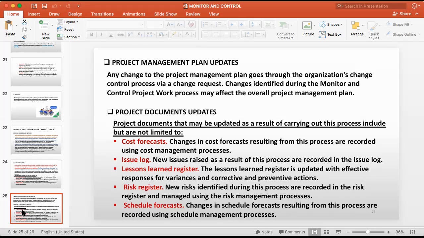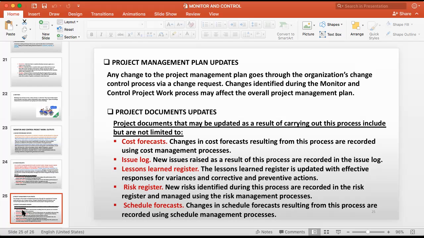So any changes to the project management plan go through the organizational change control process via change request. Changes identified during the monitor and control project work process may affect the overall project management plan. It will affect the overall project management plan. So you have to update your project management plan based on these changes.